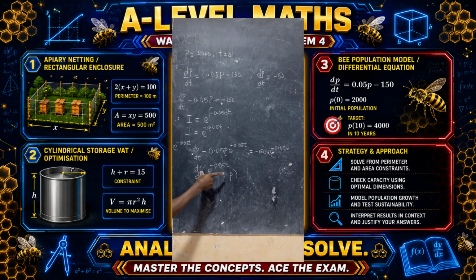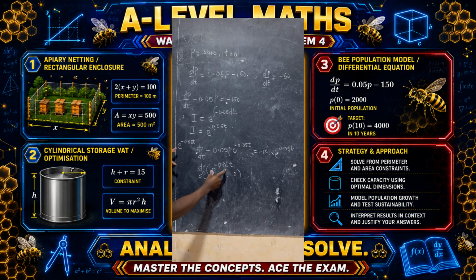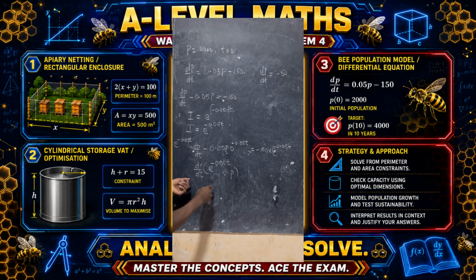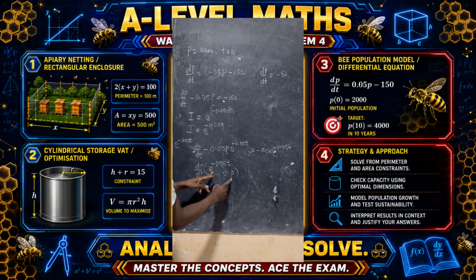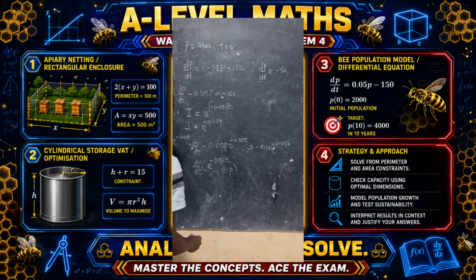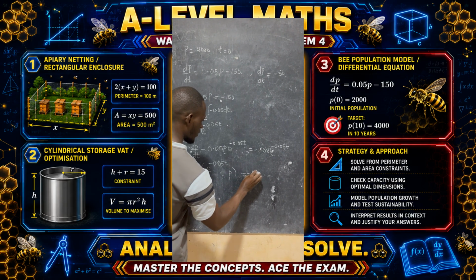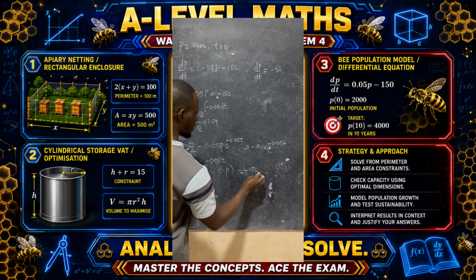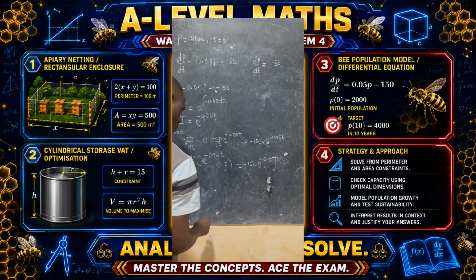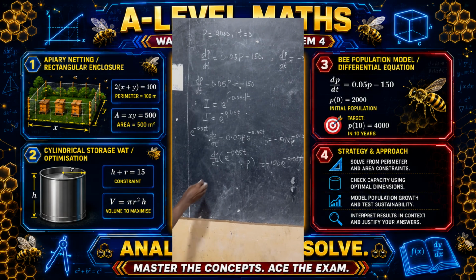Now, if you differentiate this, it will give you this. Because this is the product rule, we say keep this constant, differentiate p with respect to t, that is the dp/dt. Then keep p constant, differentiate this, the negative drops, then we have it like that, is equal to negative 150 exponential negative 0.05t. Then, since it is exact, I separate variables and I integrate.